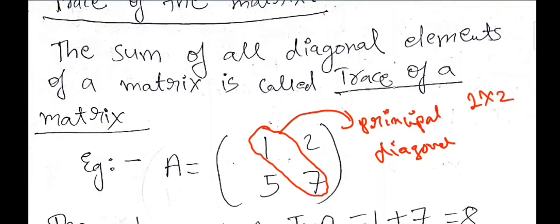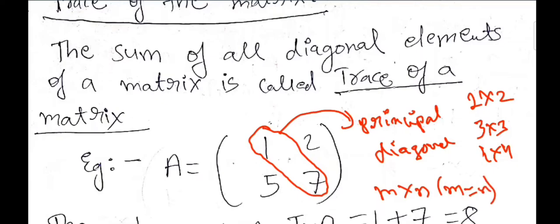Either it can be 2 cross 2, 3 cross 3, or 4 cross 4. Means in an m cross n matrix, m must be equal to n, then it will be a square matrix. And only if it is a square matrix can its principal diagonal be determined. Otherwise, if the matrix is not a square matrix, its principal diagonal cannot be determined.